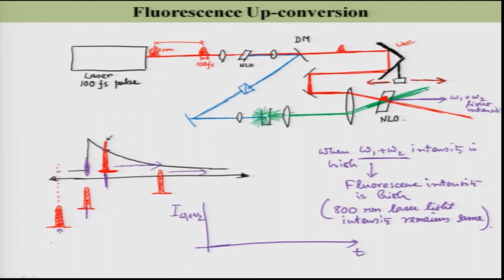When it is over here, the intensity will increase a little bit. When it is over here, the intensity will increase to maximum, then the intensity will decay like that. The intensity profile of this omega 1 plus omega 2 as a function of t, this is my delay time, right, will be exactly the same as the original fluorescence decay, provided the 800 nanometer light intensity remains the same during your experiment.